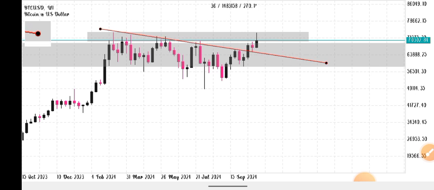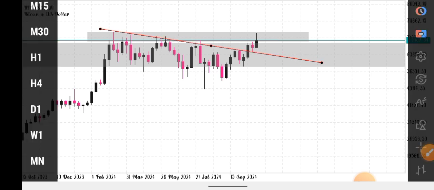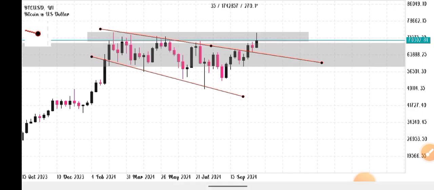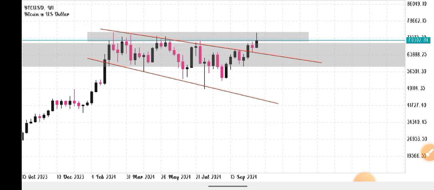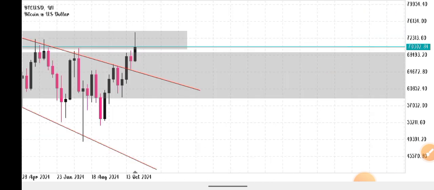right? We're gonna draw another one. This helps us to give us a clear picture, right? And guys, you know that when price breaks a pattern like this, it goes the same distance, right?